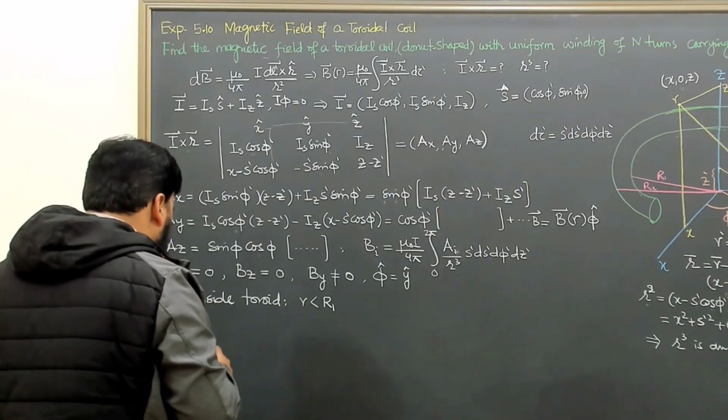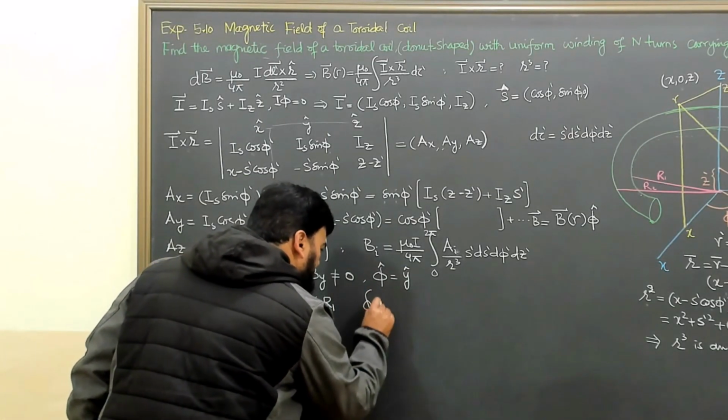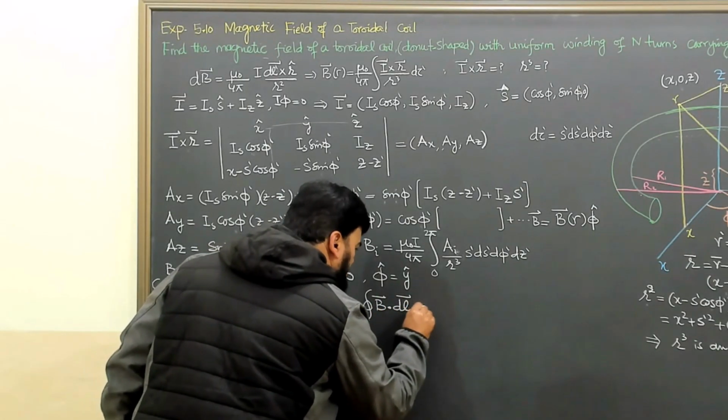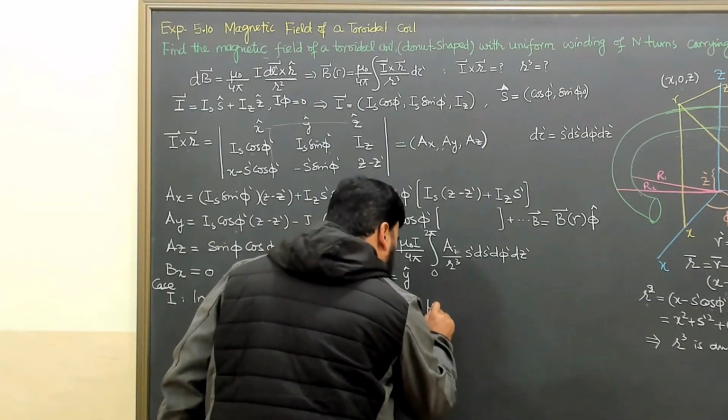So we have Ampere's law for this, that B dot dL equals mu naught I enclosed.